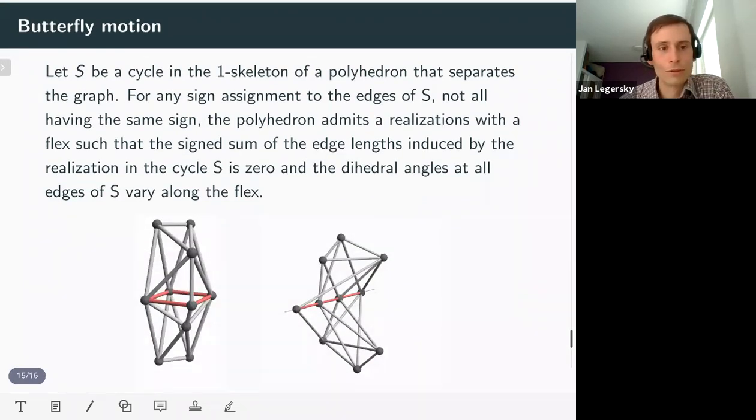But having this, we can again find a zero-sum cycle. And to conclude, I promise that there are also some constructions in the other direction.